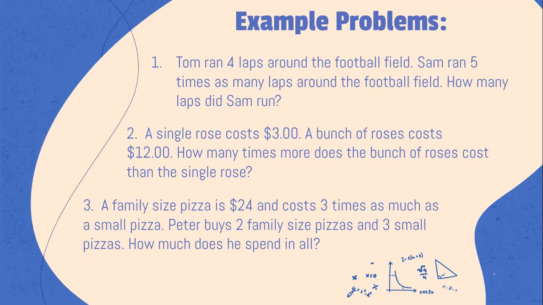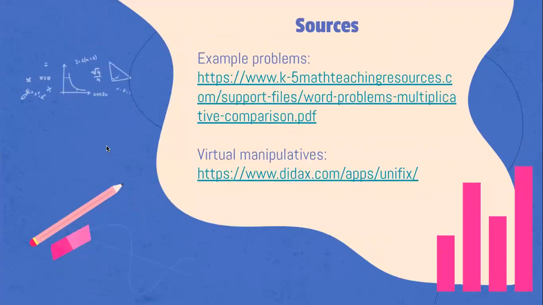And finally, a family-sized pizza is $24 and costs 3 times as much as a small pizza. Peter buys 2 family-sized pizzas and 3 small pizzas. How much does he spend in all? I will be using the virtual manipulatives from didax.com, and I've gotten my example problems from mathteachingresources.com.